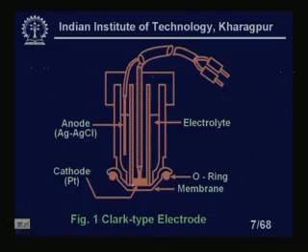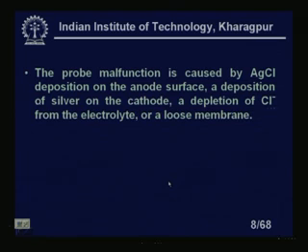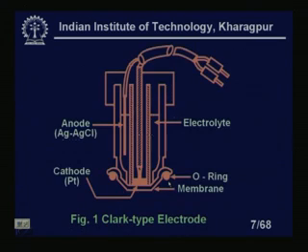That is the reason we are using an O-ring, which will hold the membrane. You see here we have a membrane, so this should be tight so that no electrolyte will come out. You can see here the cathode and anode.